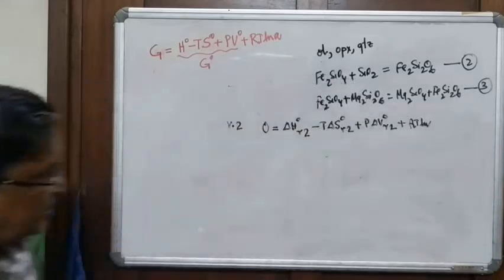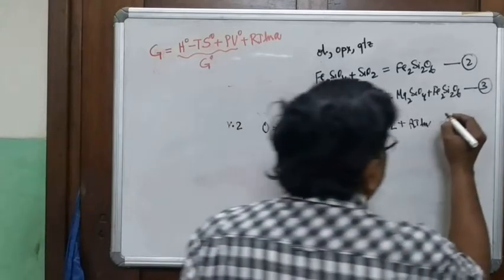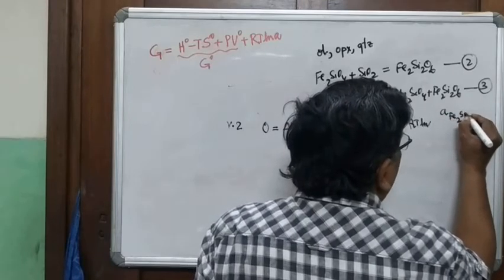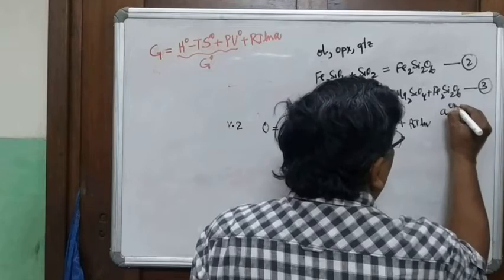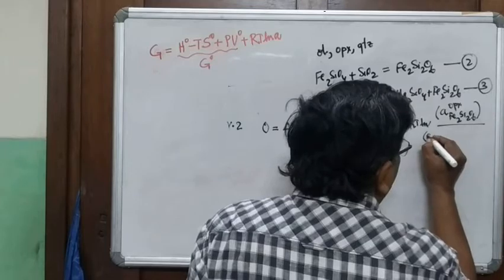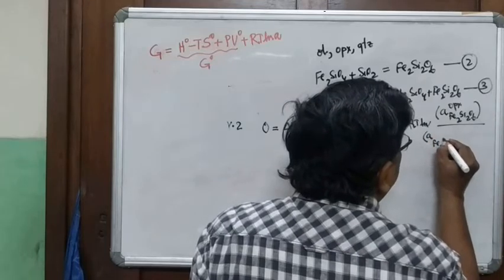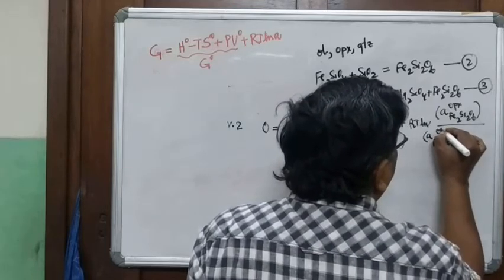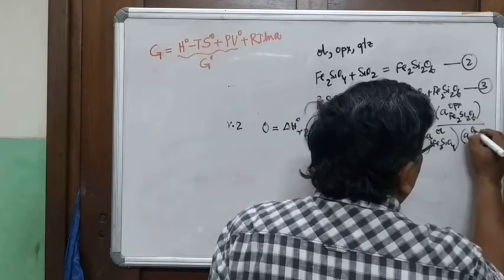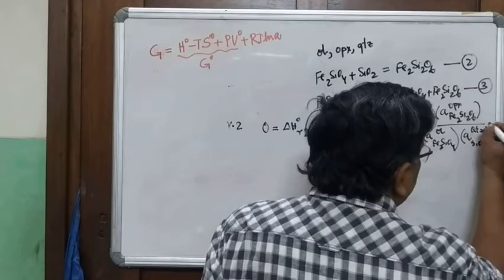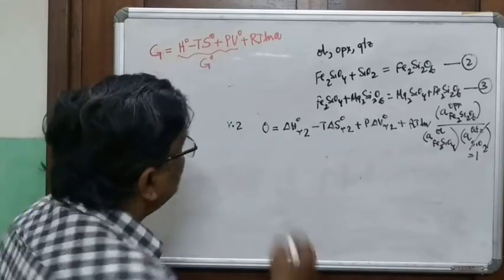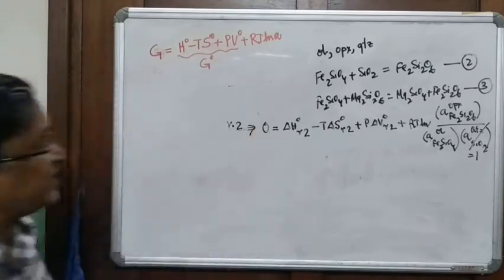Now I write this term, please tell me whether you understand it. Activity of Fe2Si2O6 in OPX divided by activity of Fe2SiO4 in olivine into activity of SiO2 in quartz. Since quartz is present, this is equal to 1. This is for reaction 2.